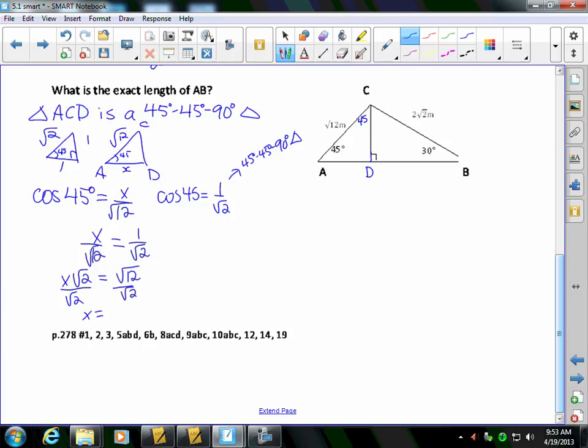So x is equal to square root 6. So I know that this part right here is square root 6.